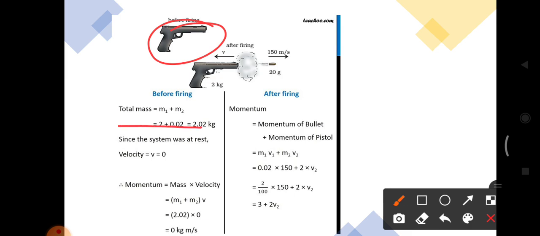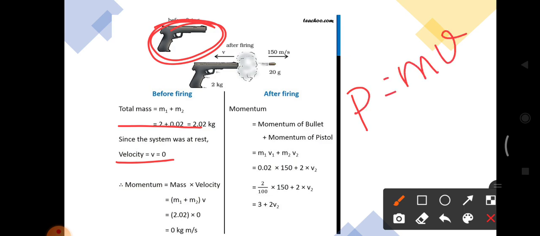Since the system was at rest before firing, the gun and the bullet are at rest, so the velocity is 0. You know how to calculate momentum? The momentum P equals m into v.